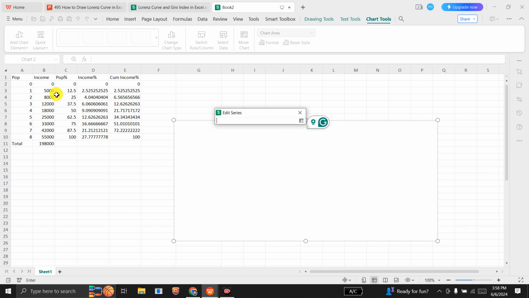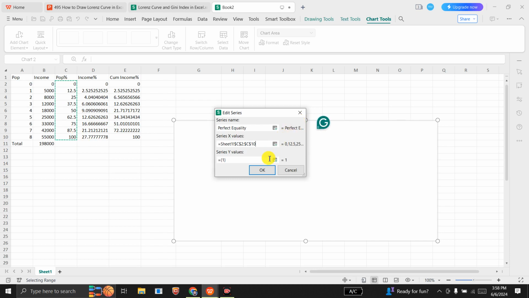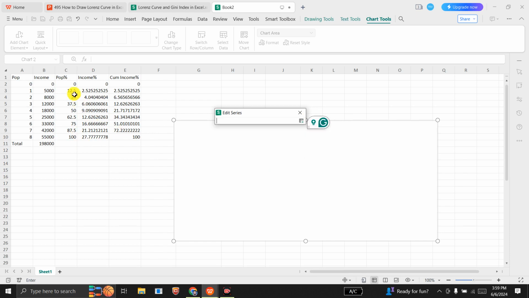For this, both the axes will be like this. This is the x-axis, and similarly the y-axis is also the same, so that this curve has a slope of 1.